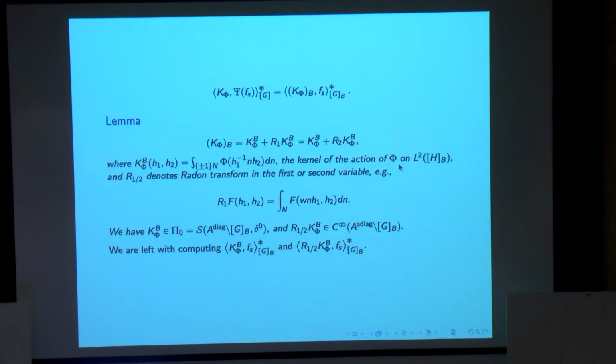These 2 summands correspond to the Bruhat decomposition. One summand is the kernel of the action of my function on L2 of the boundary degeneration, and it's given by this very simple formula, just an integral over the unipotent in the middle. That's one of them. And the other is an integral over 2 copies of the unipotent. So you can write it as a Radon transform of the former, either in the first variable or in the second variable.